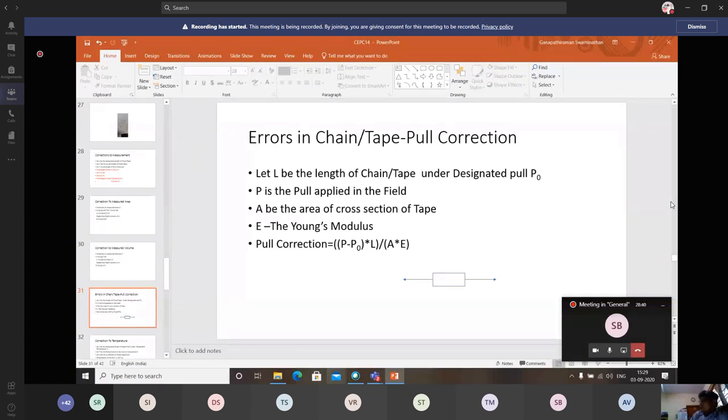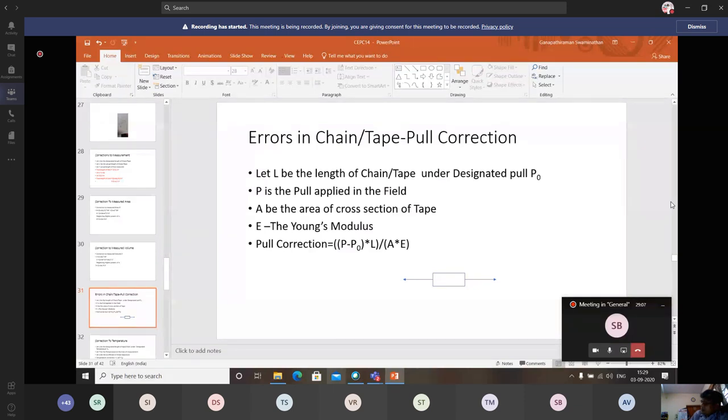So why I want to find out what is the expansion of it. Stress by strain is your Young's modulus. Stress by Young's modulus is equal to strain, is it not?